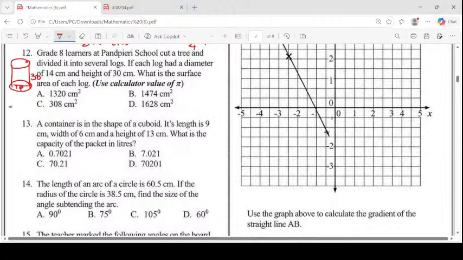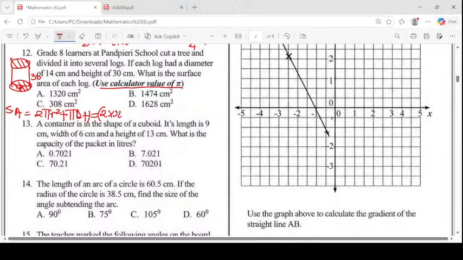So surface area will be given by 2 pi r squared, which is for the bottom and the top circular parts, plus pi dh. When I talk about 2 pi r squared, it is 2 times pi. They are saying use the calculator value of pi, very important.